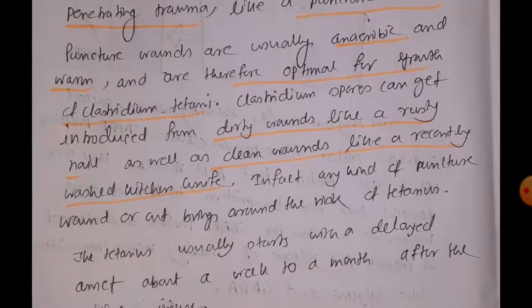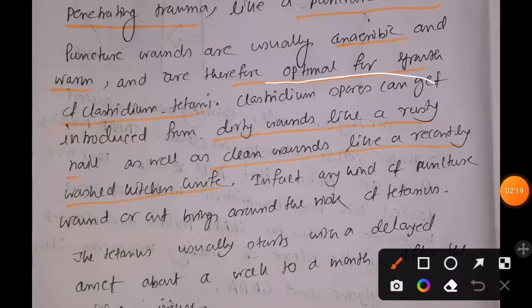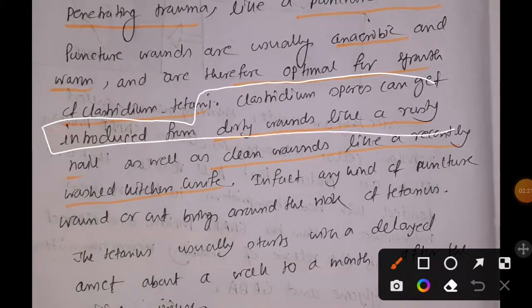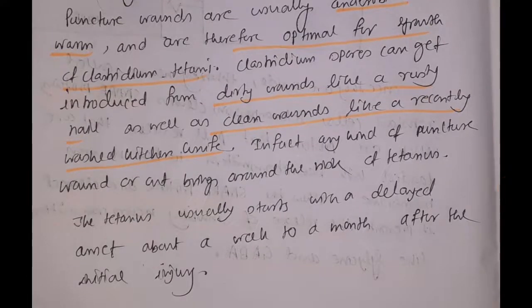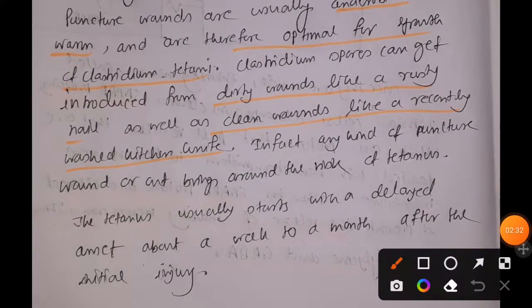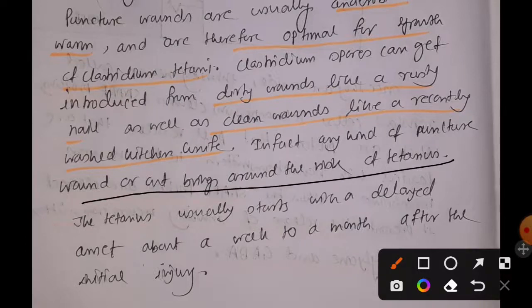Okay, so Clostridium spores get introduced from dirty wounds like a rusty nail, as well as clean wounds like a freshly washed kitchen knife. In fact, any kind of wound, whether rusty or clean, like one from a clean washed kitchen knife, can bring the risk of tetanus.